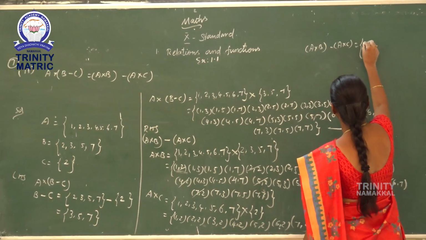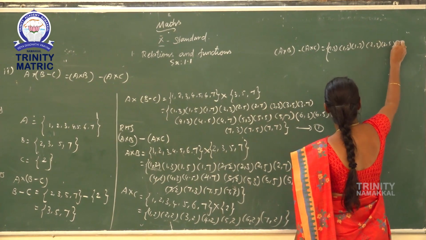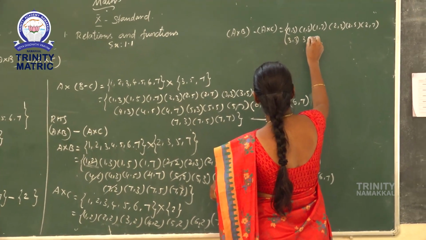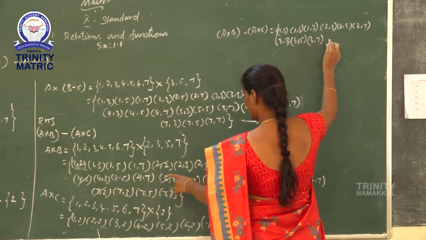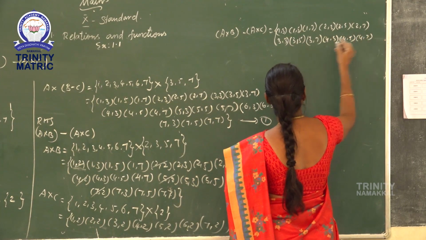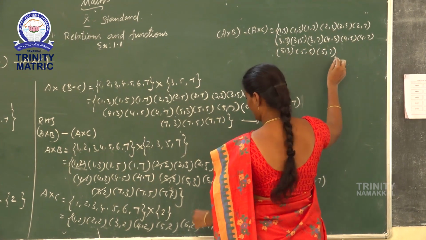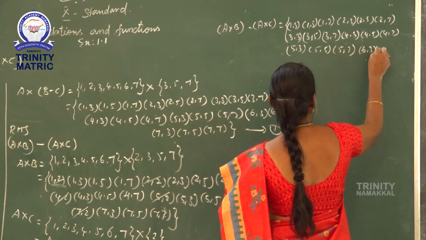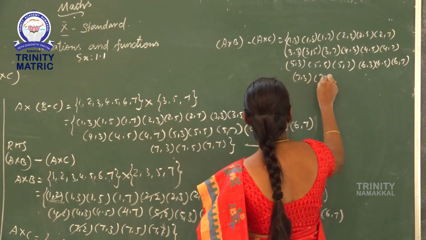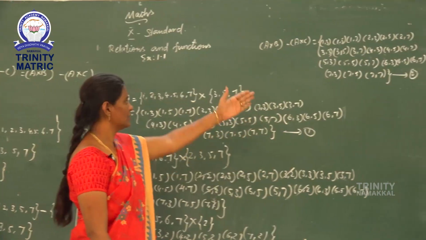So what is this? (1,3), (1,5), (1,7), (2,3), (2,5), (2,7), then (3,3), (3,5), (3,7), then (4,3), (4,5), (4,7), then (5,3), (5,5), (5,7), then we write (6,3), (6,5), (6,7), then (7,3), (7,5), (7,7). This is equation number 2.